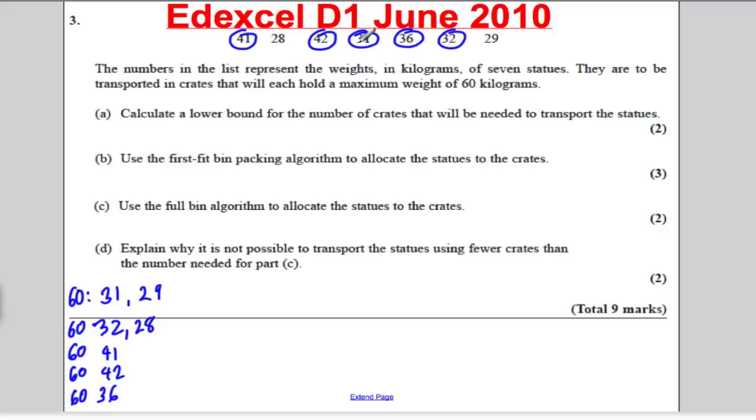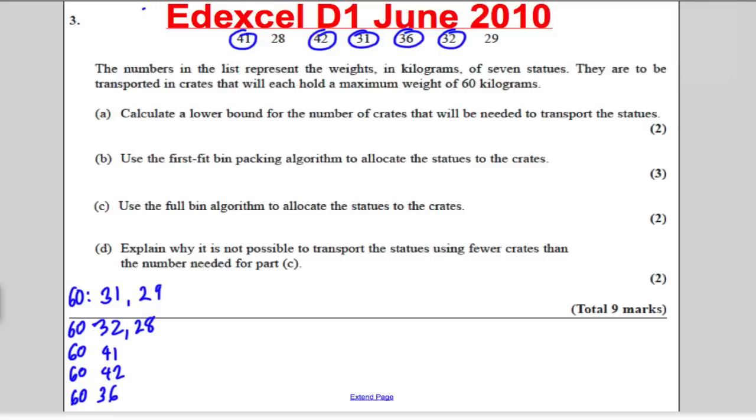There are 1, 2, 3, 4, 5 things that are over half, okay, and there are only 2 things that are under half, okay. So the fact that there are 5 things over half means that there would have to be 5 crates required to solve this problem.